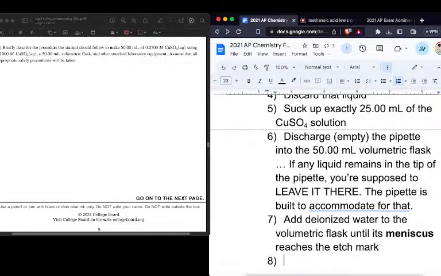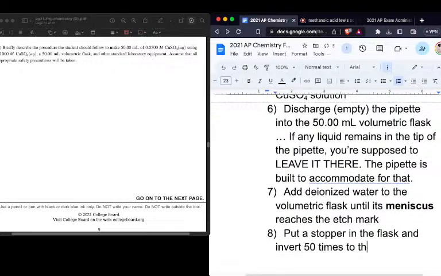All the volumetric flasks have this little tiny etch on them, and the bottom of the U that the water makes is supposed to reach all the way up to the top there. Now you might think you're done, but you're supposed to mix it thoroughly. The way that this is usually worded is put a stopper in the flask and invert 50 times to thoroughly mix the contents.